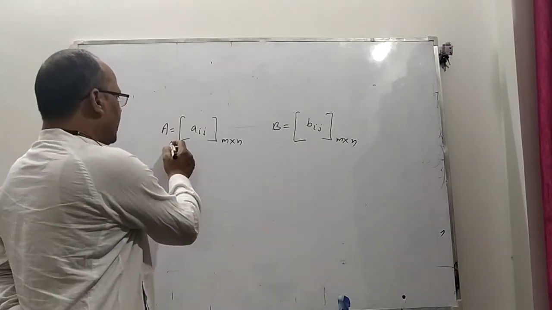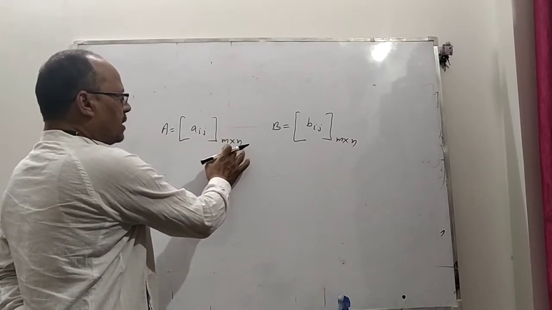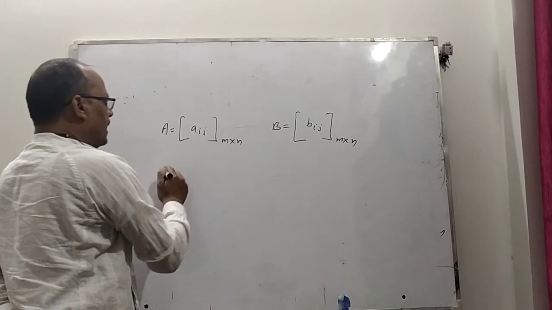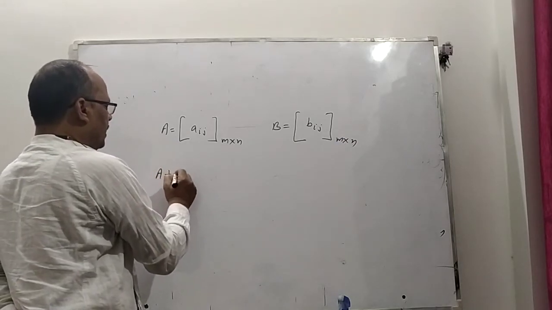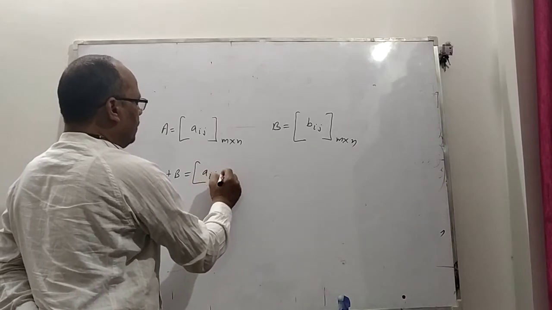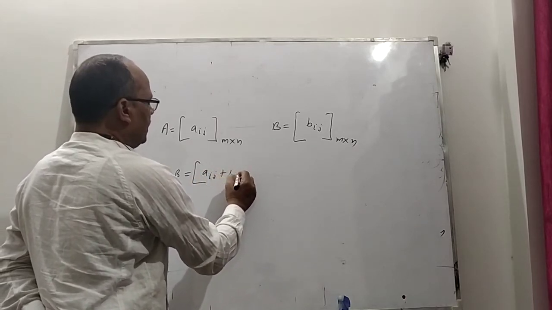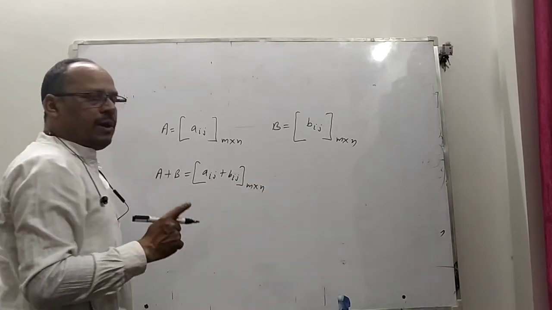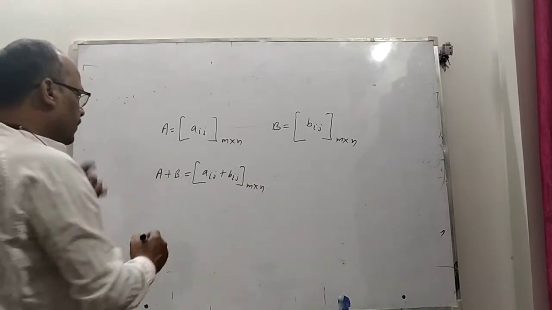If a matrix A has order M cross N and another matrix B has order M cross N, then their addition is possible. A plus B equals Aij plus Bij, and that order will be C. For subtraction, the same condition applies.